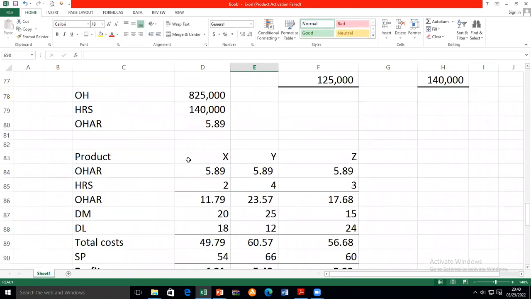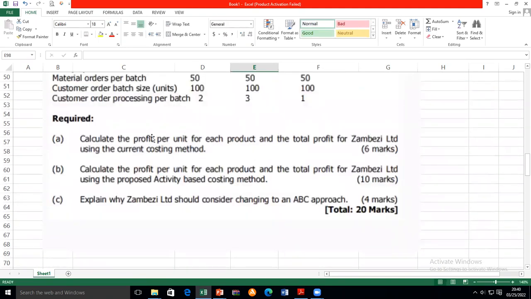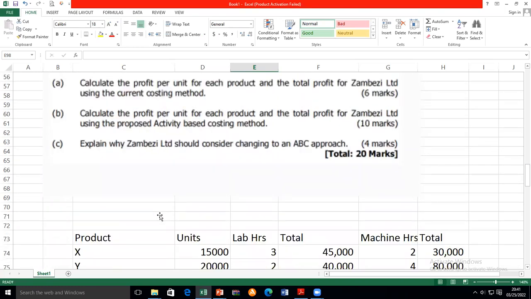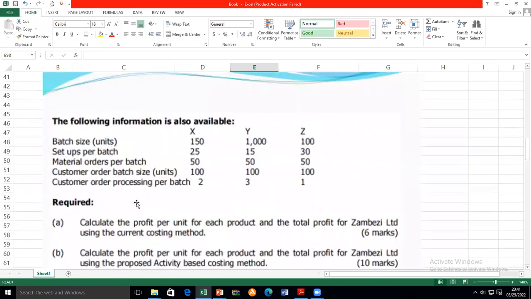And lastly, customer orders, again, customer order processing per each batch. Let's see. Just make sure we do the right thing here. Let's check. Setups per batch. We have material orders per each batch.